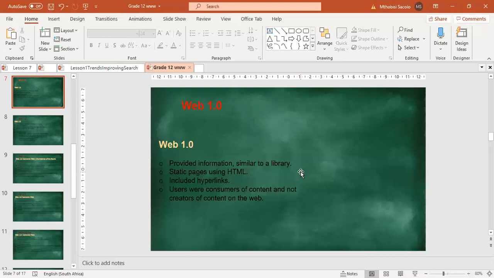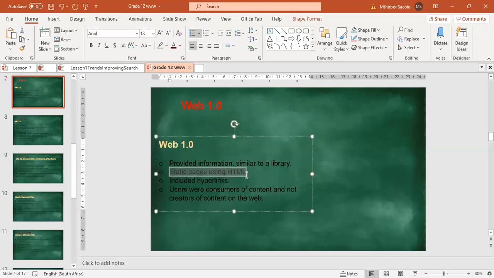That version of the book will contain the same information and will never change. So basically what we mean by web 1.0 is that the pages are static. They don't change.